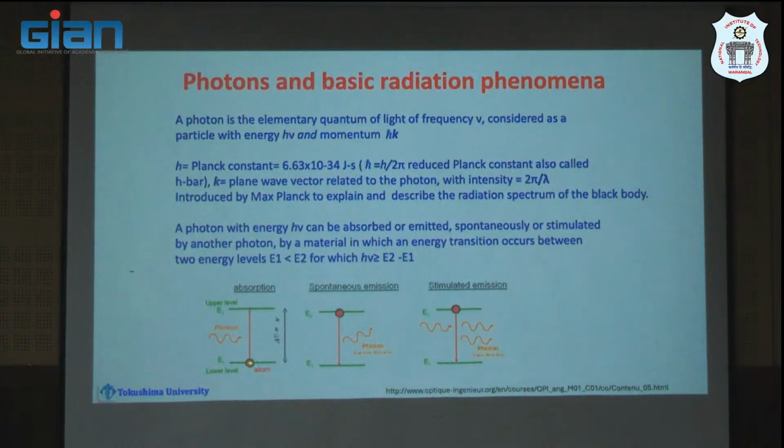How much time does this electron stay in this level, and when it bounces back, does it emit light or not? If it does not emit light, we call it absorption. So you put the light, and if the light is absorbed and is not passing on, not reflecting, not diffracting, nothing happens, everything is absorbed, then you cannot see this light, there is no light. All light is absorbed. So that is absorption.